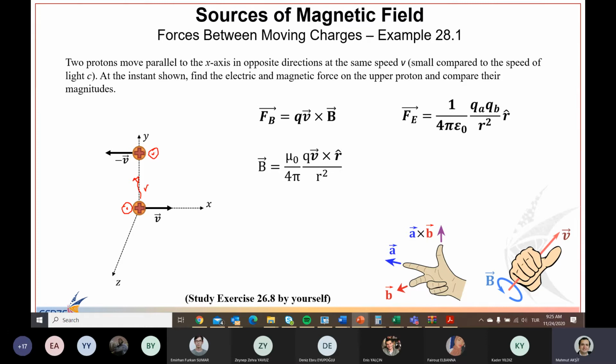So what is then the direction of the magnetic force felt by the upper particle? B field, so you use the previous right-hand rule. This one here. The velocity vector is A. The magnetic field vector is B here. And the thumb shows you the direction of the force, FB.